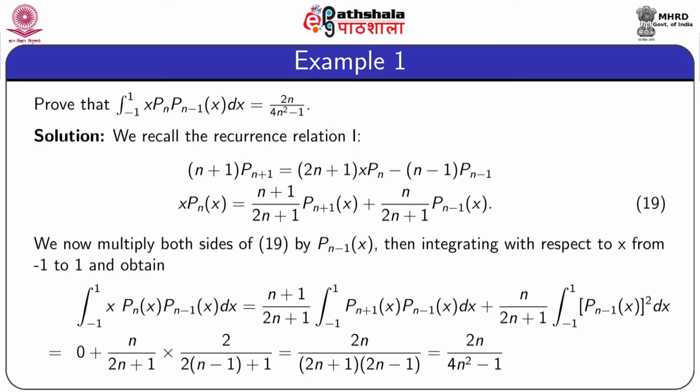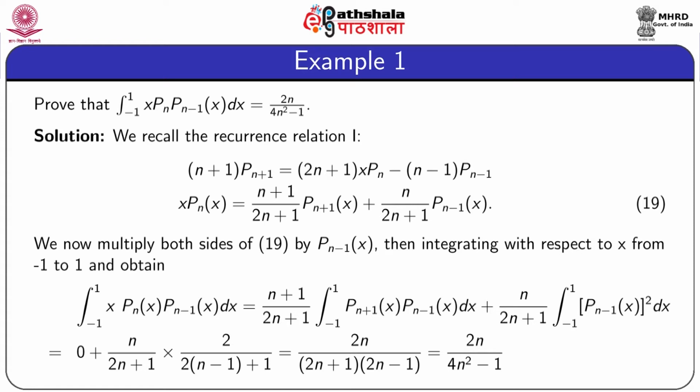Please note, if we use the orthogonal property which says that if m is not equal to n, we have the integration to be 0, and if m is equal to n, we have the integration to be 2 divided by (2n+1). If we use the property here, we see that n and n minus 1 are different, and hence the value is 0.